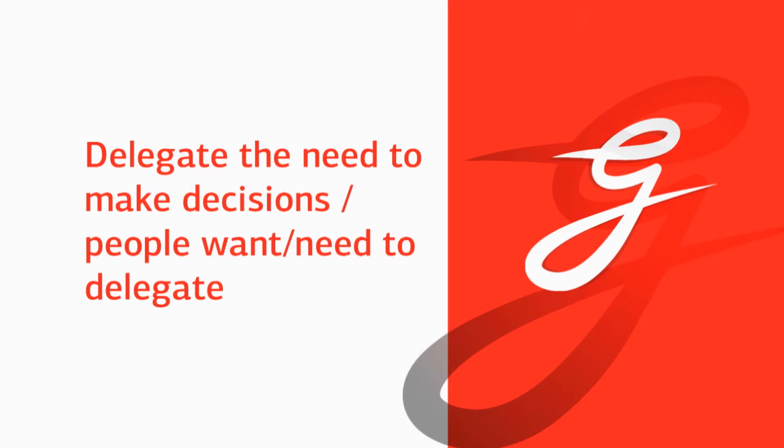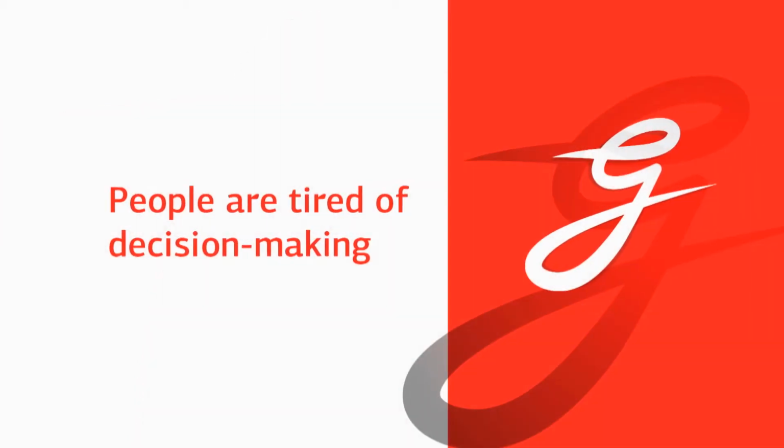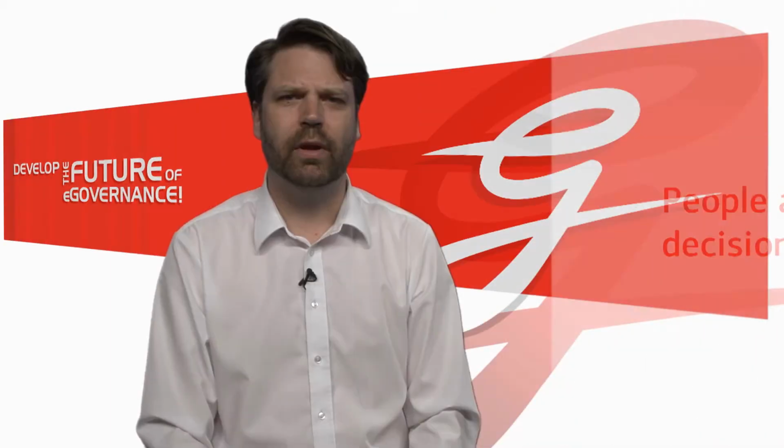And this is one of the things that we can see in these days when we have an issue with a democratic deficit, that people are actually tired of decision making. And as such, it's a question whether or not this possibility of giving increased access to citizens is actually something that is for the good.